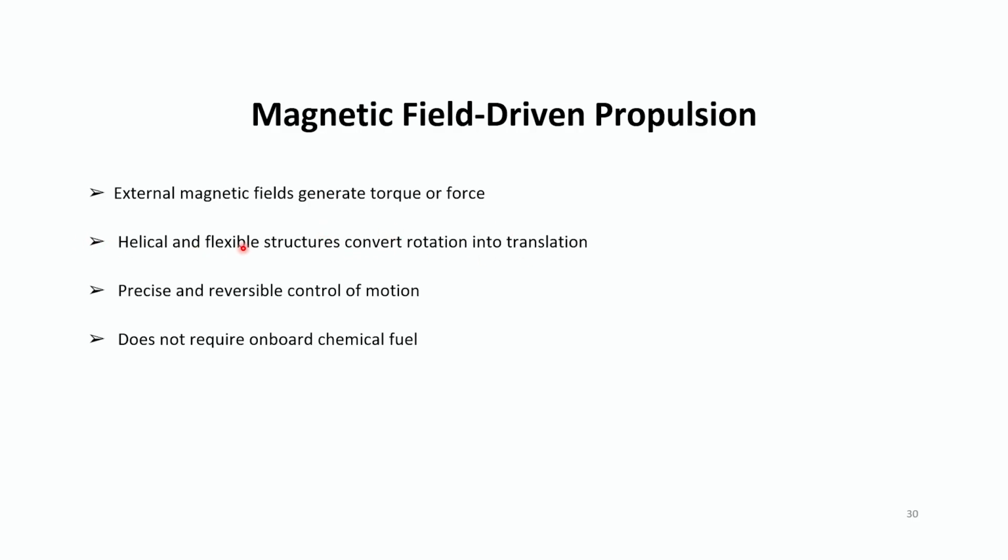There is precise and reversible control of motion. It does not require onboard chemical fuel. It does not require any additional fuel for your bot to move, because it is moved by your external magnetic field and also its shape, that is, helical and flexible structures.